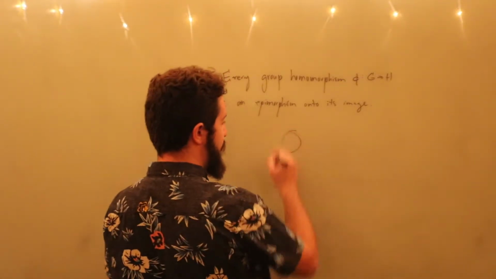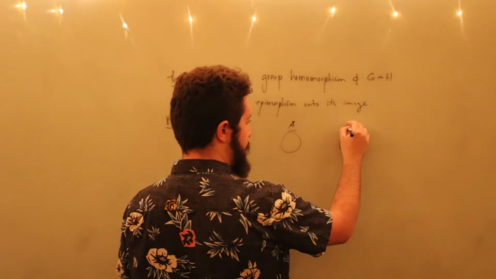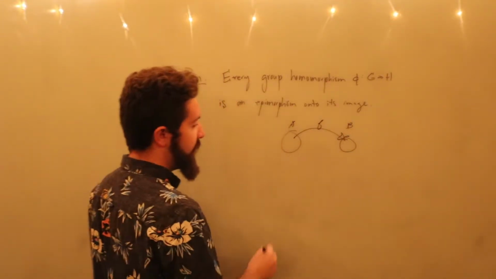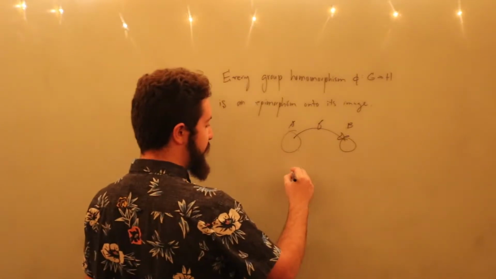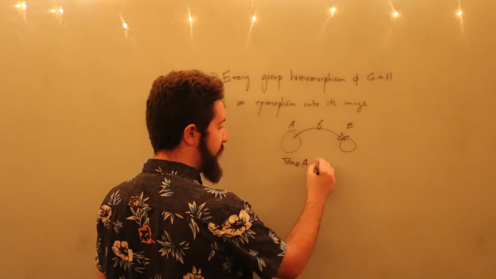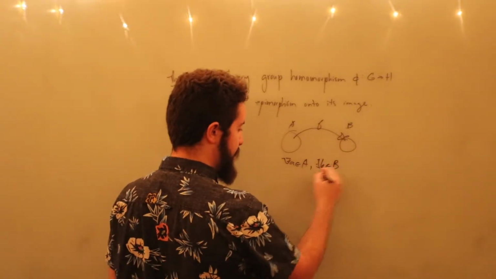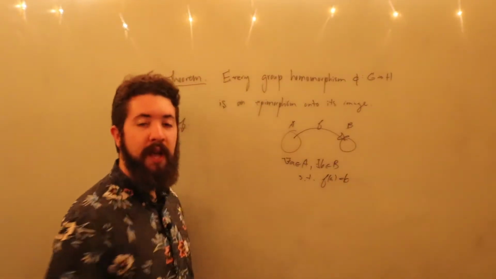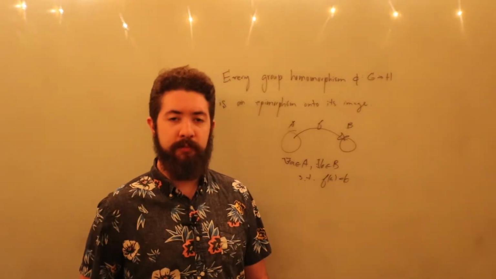So if we have a set A and a set B, and we have a function between them, we'll call it f, by definition, for every element in A, there exists an element in B such that f of a equals b. Every input has a single output.